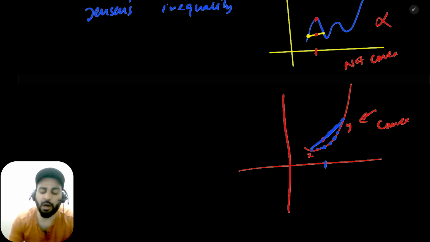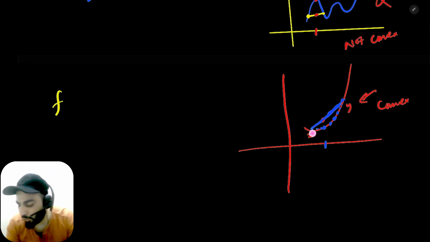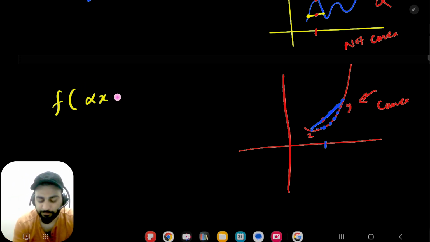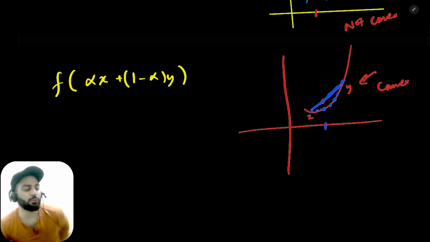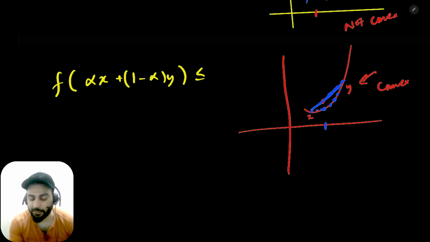Yes, sir. So you can write it mathematically like this. Take the function in two variables x and y. f of alpha x plus 1 minus alpha y should be less than or equal to alpha f of x plus 1 minus alpha f of y.